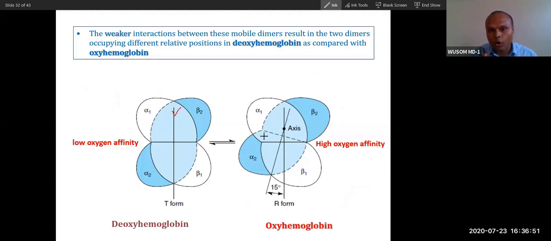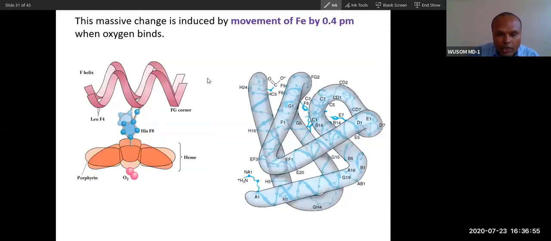Just understand the concept. I will not ask questions from this on how the structure changes. Anything binding to another molecule, if some molecule interacts with another molecule, there will be a conformation change. That is what I want you to understand here. And how the conformation change happens, I have shown from this. So this is the F helix.